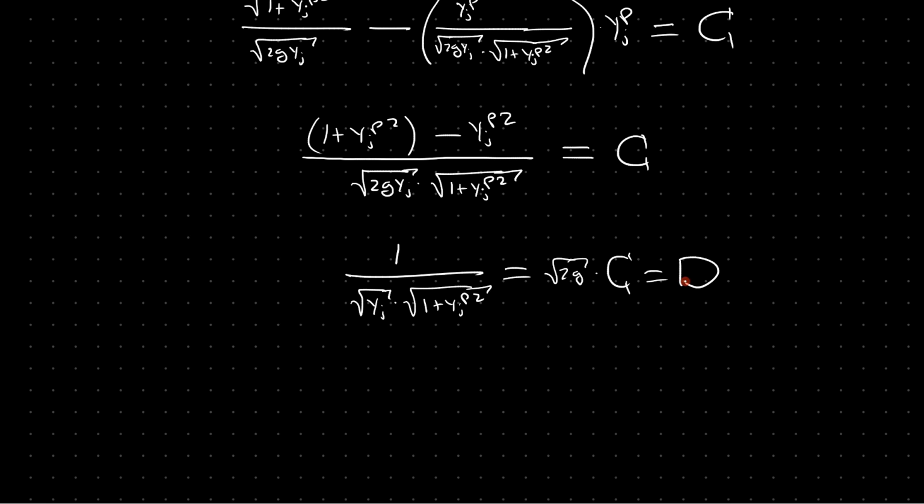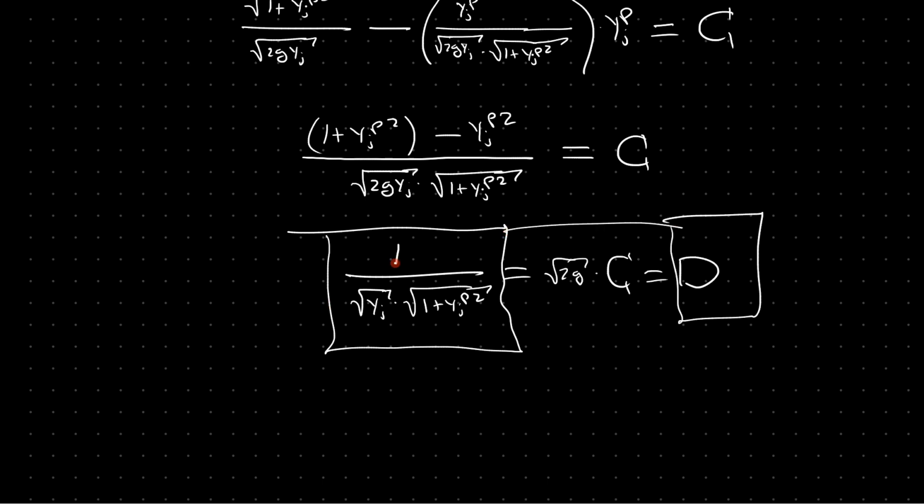So for the Brachistochrone problem, we have that this combination, 1 over the square root of yj times the square root of 1 plus yjp squared, has to be equal to a constant value. And this is very neat, because geometrically this is telling us something very nice.